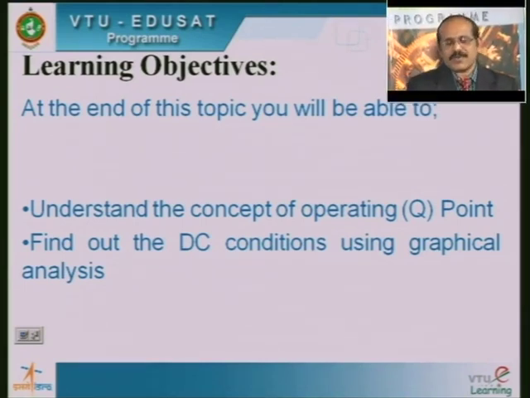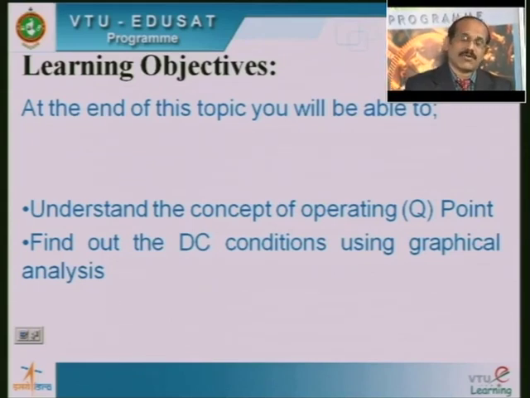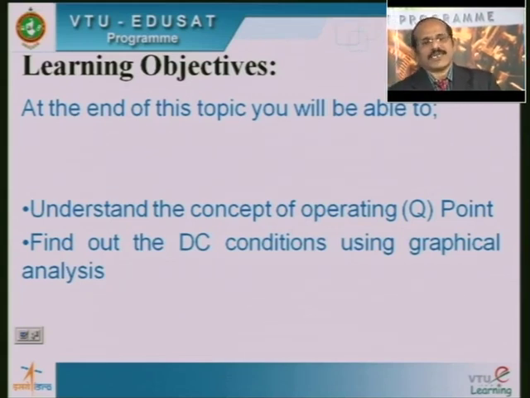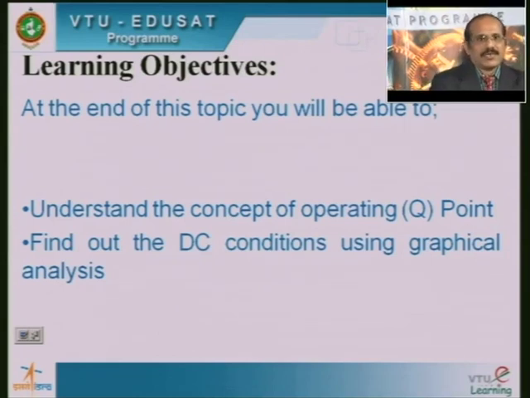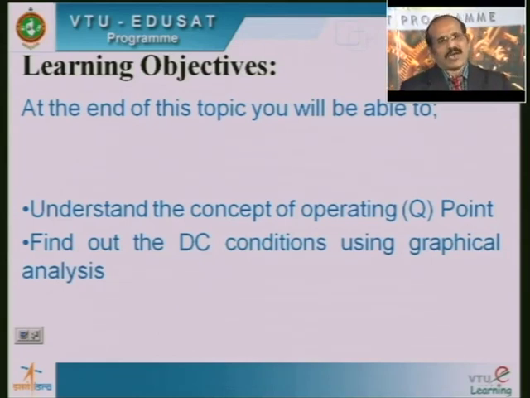At the end of this topic, the students will be able to understand the concept of operating point, also called the Q point, that is nothing but the quiescent point. We shall see why the operating point is called the quiescent point. And also we will come to know how to find out the DC condition that exists in the diode circuit.